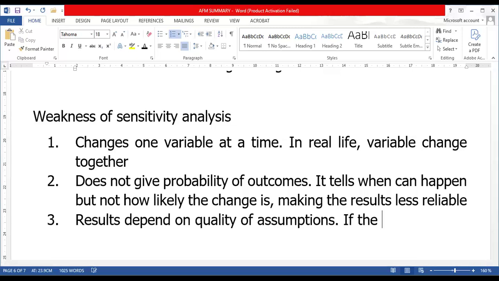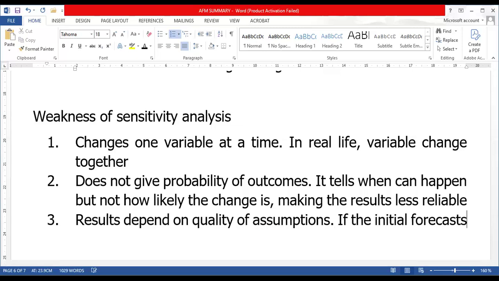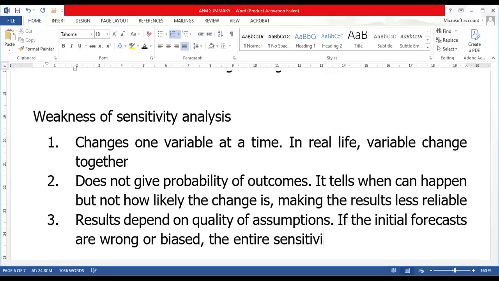If the initial forecasts are wrong or biased, the entire sensitivity analysis becomes unreliable.